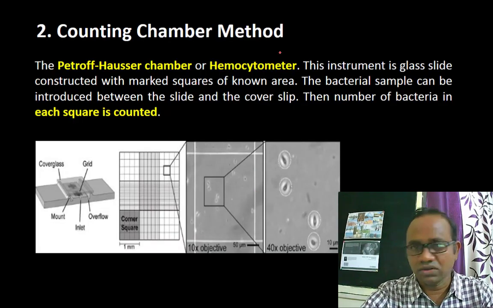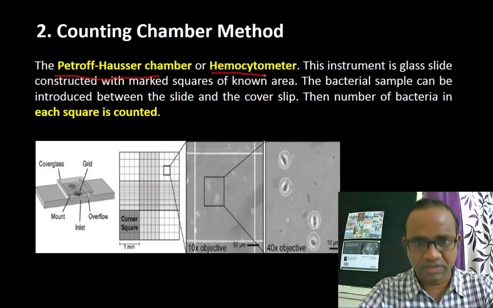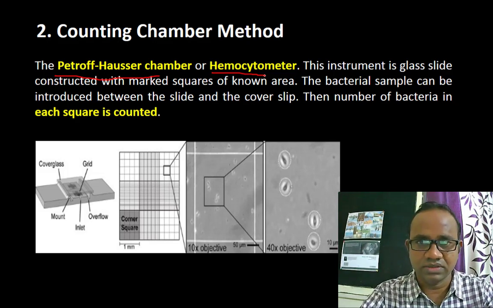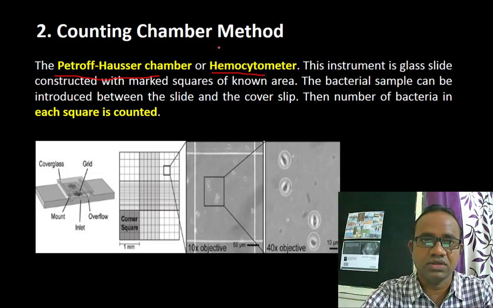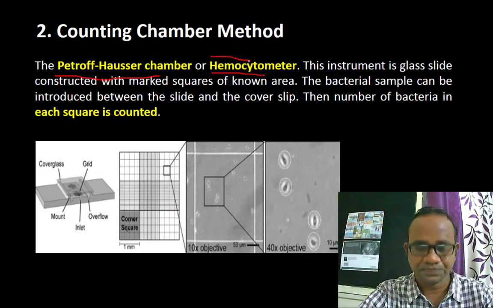The counting chamber method is another method. This is called the Petroff-Hausser chamber, more commonly called the hemocytometer. This instrument is actually used for blood counting, that's why it is called the hemocytometer.